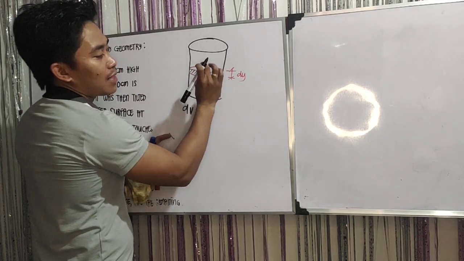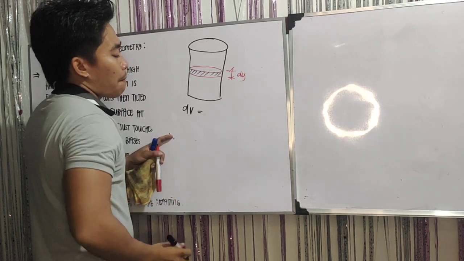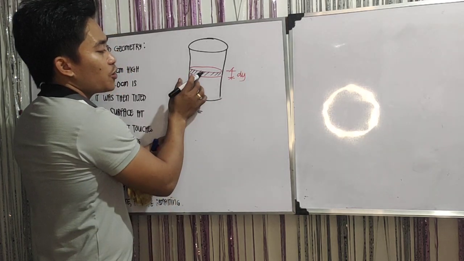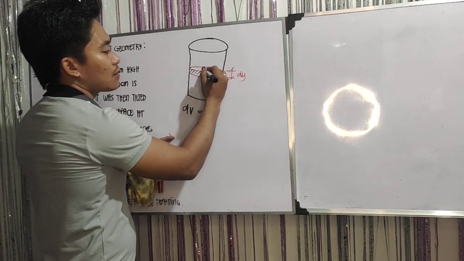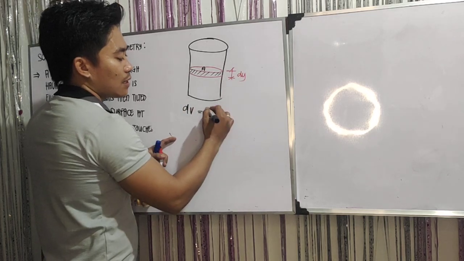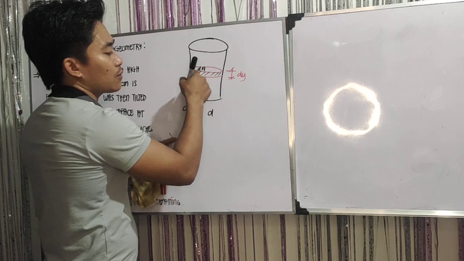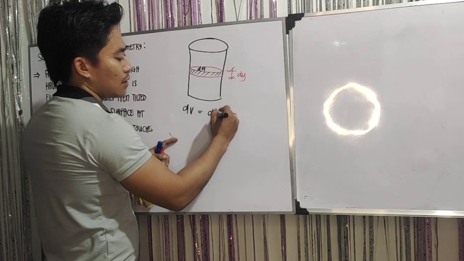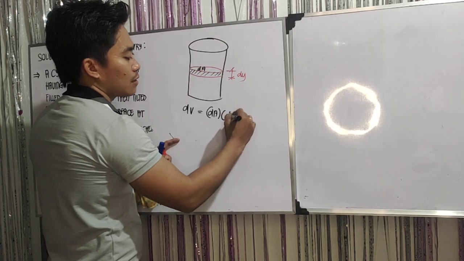Napakanipis niyan, kaya tinawag siyang dy. Now, yung volume ng strip na yan is just the area of this circle times the thickness. The area of that circle, actually this is also dA, dA times the thickness dy.